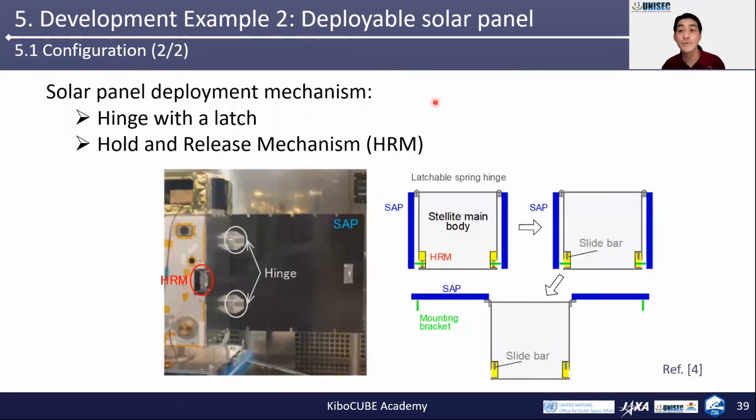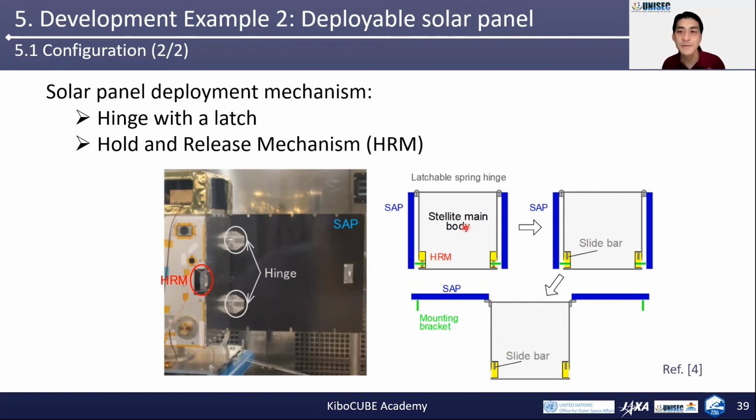So I'm going to talk about 2 kinds of mechanisms in this deployable solar panel. First is the hinge with the latch, and the second is the hold and release mechanism. This is the solar panel, and there are 2 hinges with the latch. The hold and release mechanism is here, and there's a bracket on the solar panel.